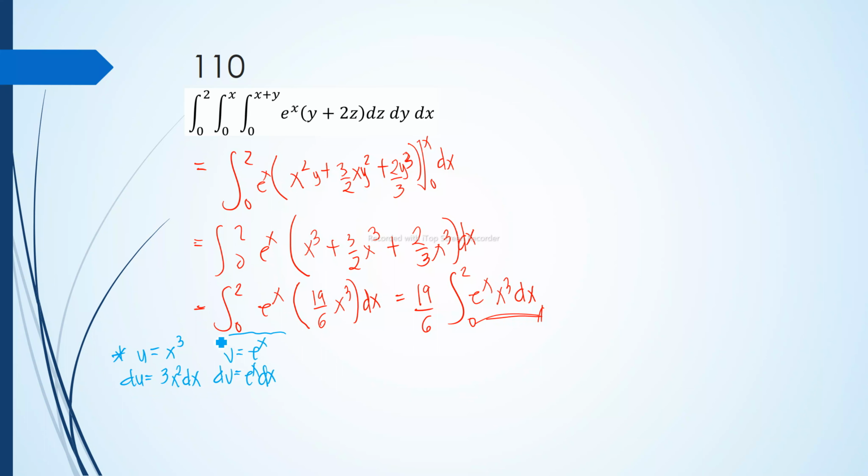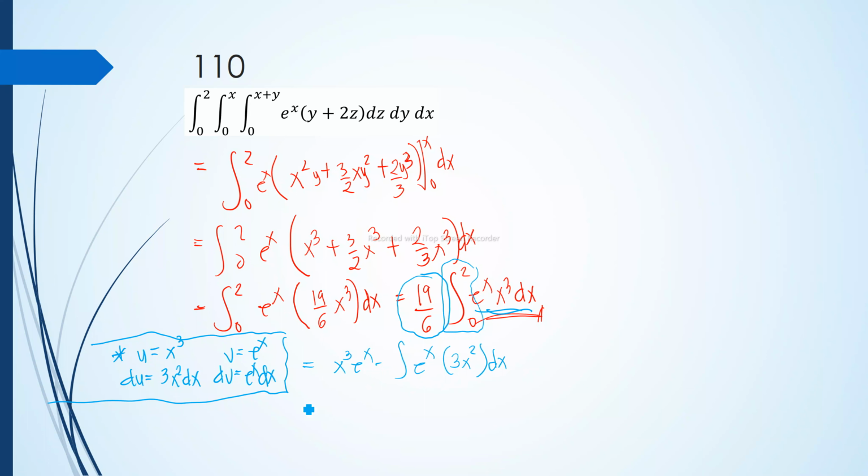So we use this u and v for the solution. We will disregard the lower and the upper limits for now. So we have uv, that is x cubed e to the x, minus integral of v, that is e to the x, and then du is 3x squared dx. So we have another integral here.